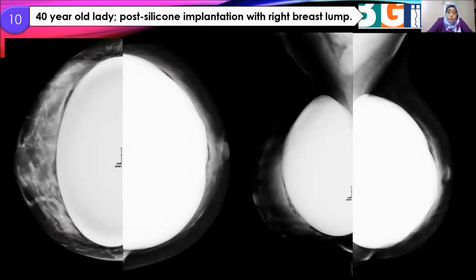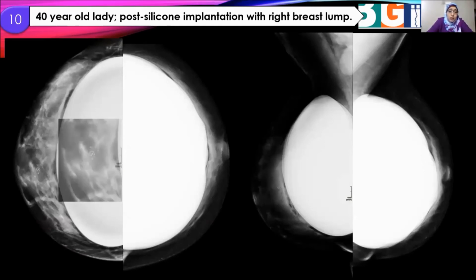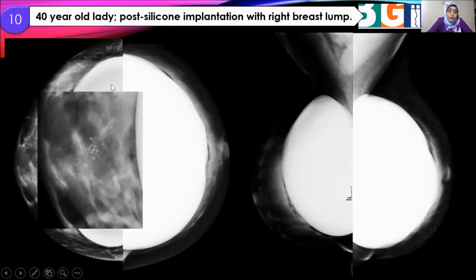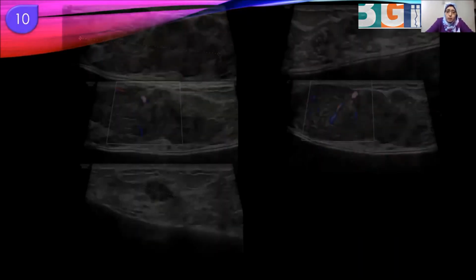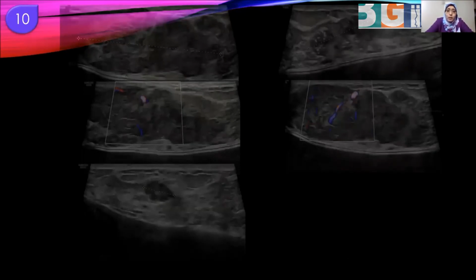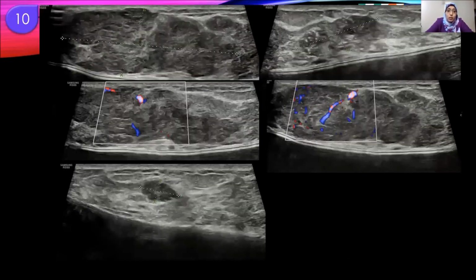I also have a case here with post-silicone implantation coming with a right breast lump. But this time she has calcification, suspicious microcalcifications or microcalcific clusters along this suspicious lesion. By the complementary ultrasound, we found this large hypoechoic heterogeneously echogenic lesion with high vascularity on the color Doppler.